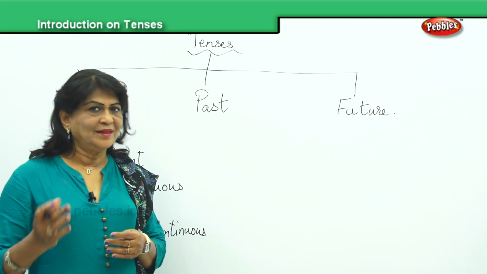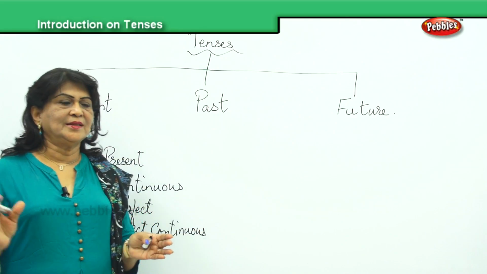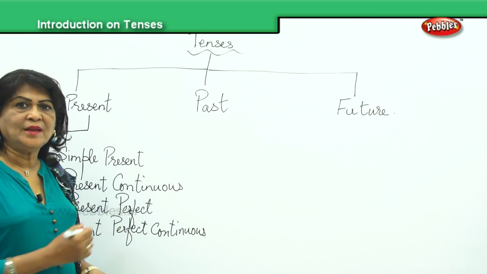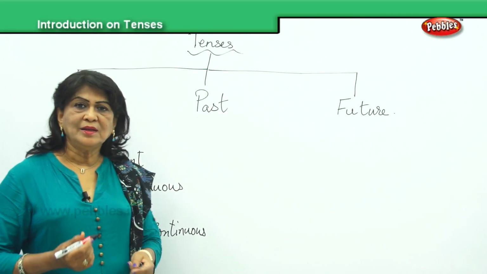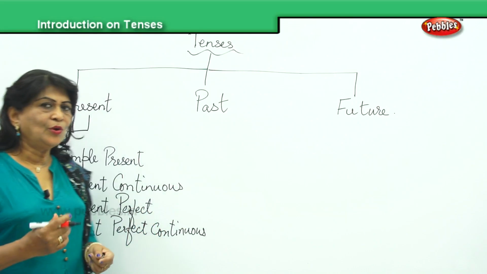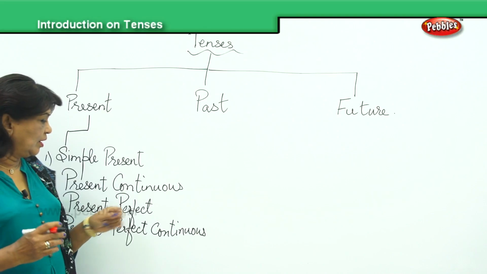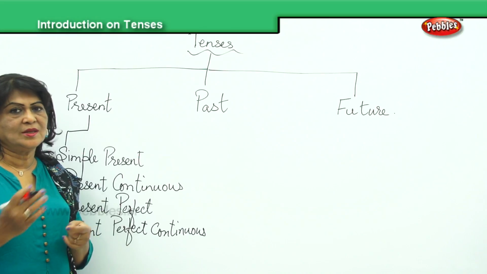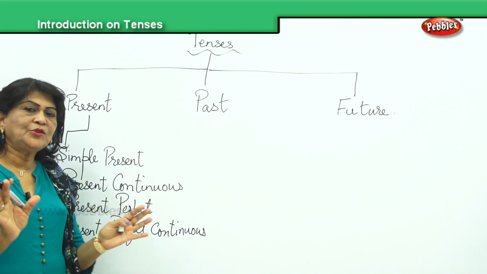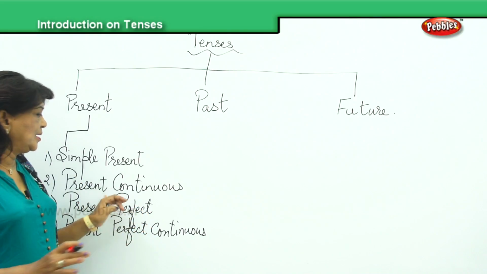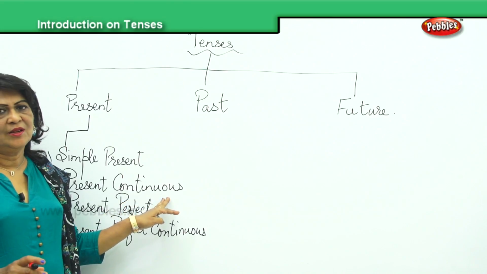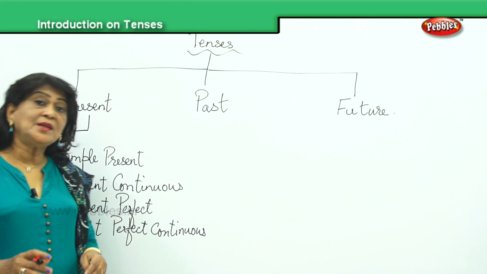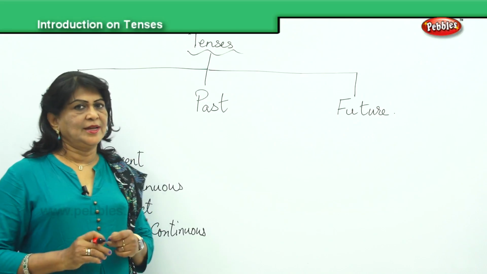Am eating is a continuous tense. I am writing. You are learning. So, all the ing verbs with am, are, all these auxiliaries together, they make the present continuous. Okay? Continuous tense means progressive tense.